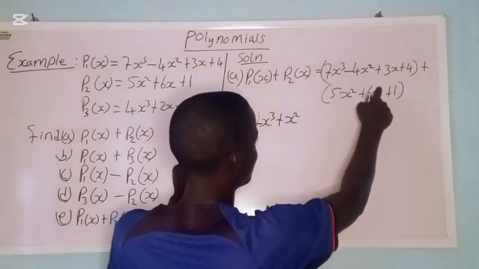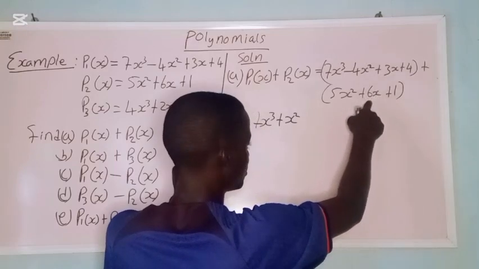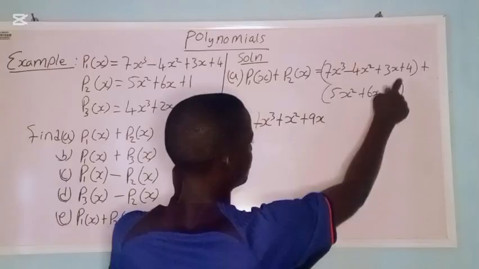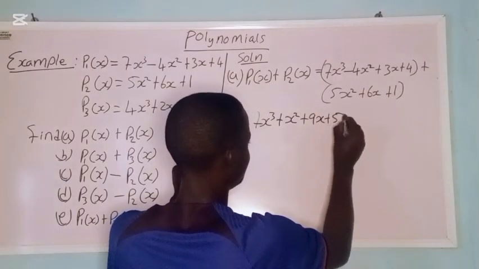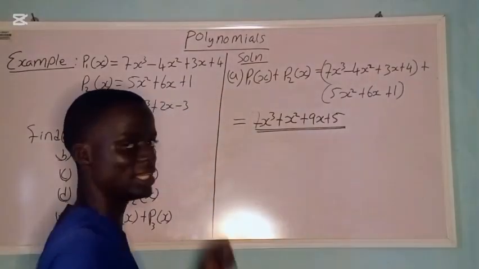Then we'll go to this one, 3x plus 6x, we'll now have plus 9x. Now this one, 4 plus 1, will be 5. So this is the answer for A.